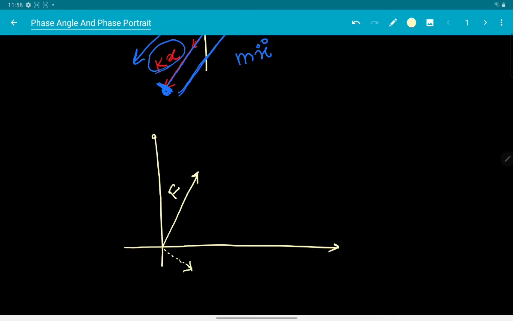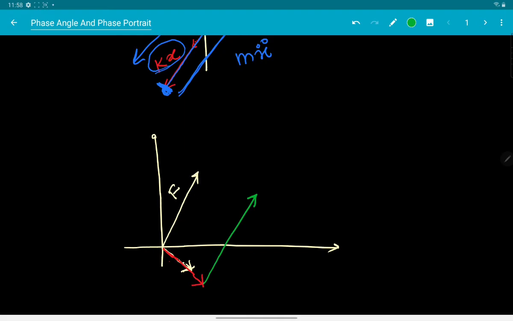So obviously cx dot will be like this, right? Cx dot. Oh sorry, I have just drawn this as the direction of x. So kx will be in this direction, and cx dot will be in this direction, leading by pi by 2 angle.